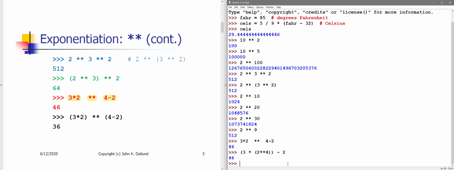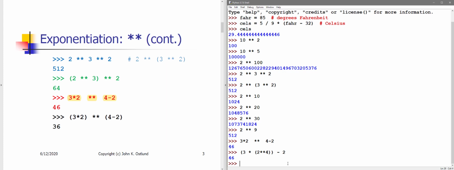So we get 46 from that arithmetic expression, regardless of the fact that I've used this spacing to try to indicate what I want to have happen. Python simply applies its precedence and associativity rules without regard to my spacing.